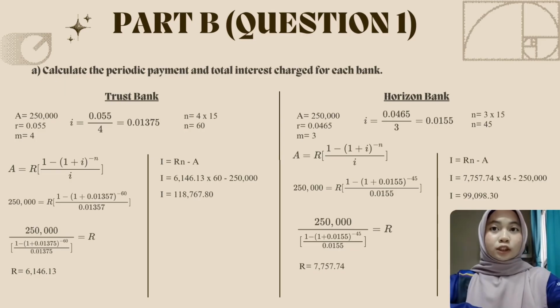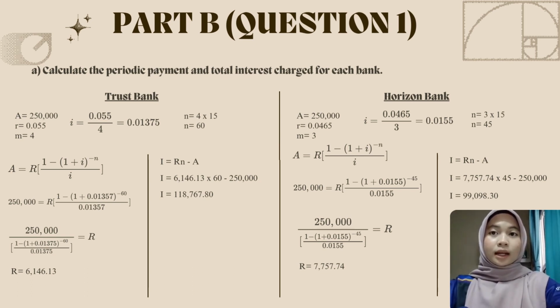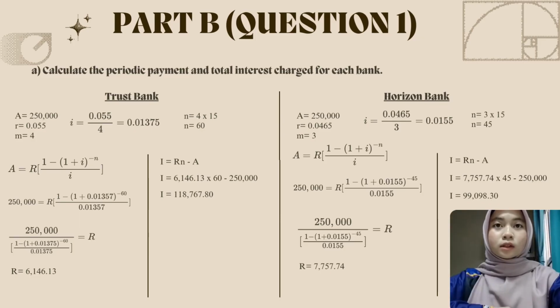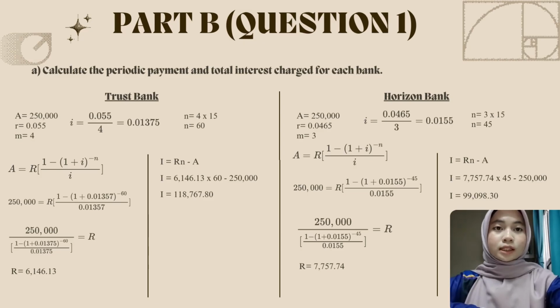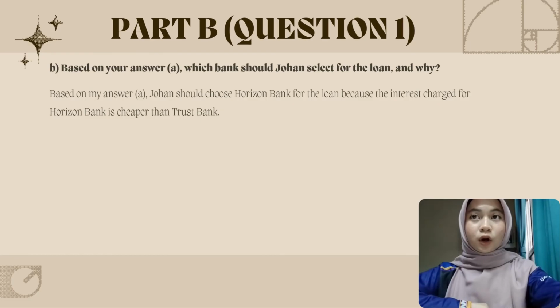Next, R equals 250,000 divided by [1 minus (1 plus 0.0155)^-45] divided by 0.0155. So for R, we get 7,757.74. I equals 7,757.74 multiplied by 45 minus 250,000. So the total interest charge for Horizon Bank is 99,098.30.